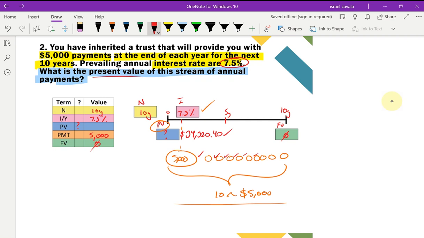So I hope you understand that. If somebody were to pay you this $34,320.40, in today's dollars that is the equivalent of the $5,000 payments a year for the next 10 years, discounted at 7.5%. Okay, I'll leave it at that.